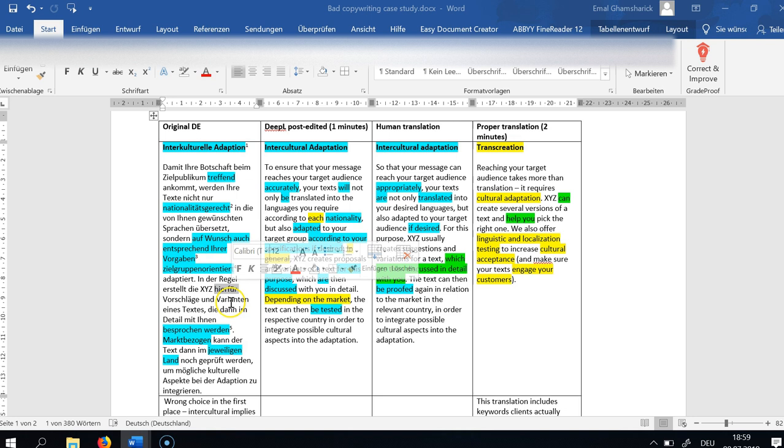So they literally thought, oh, hierfür, it's in the text, so it has to be translated for this purpose. But cohesion works totally different in German than it does in English. In German, you need these prepositions, or pronouns, whatever. These are cohesive devices. It's referring back to something that was said in the previous sentence.